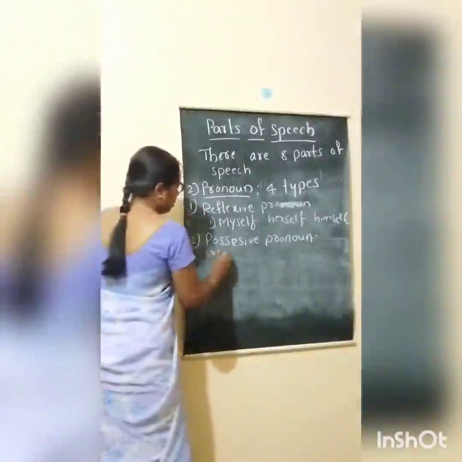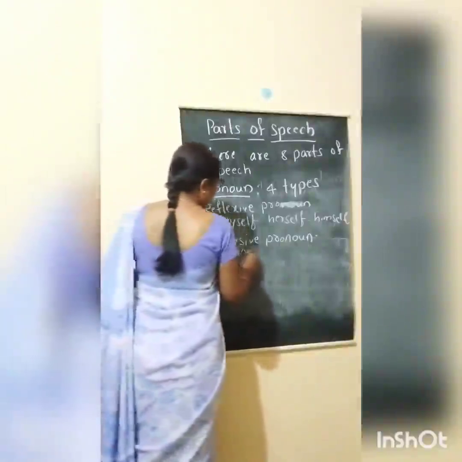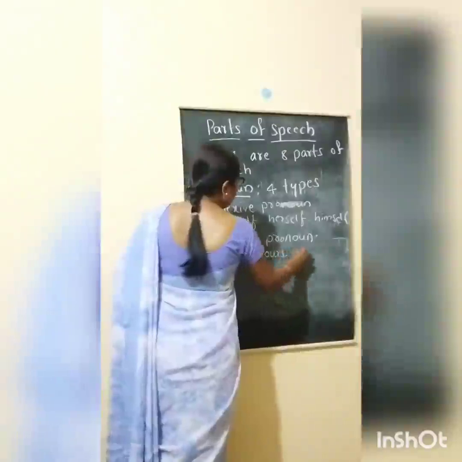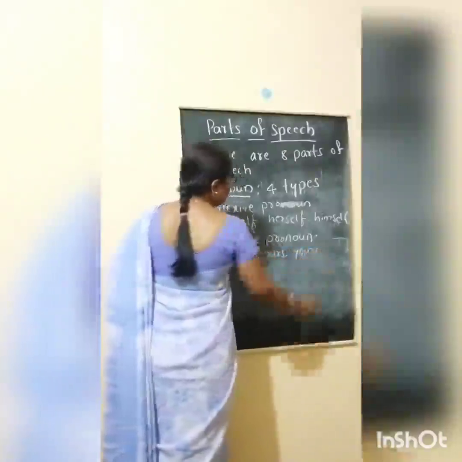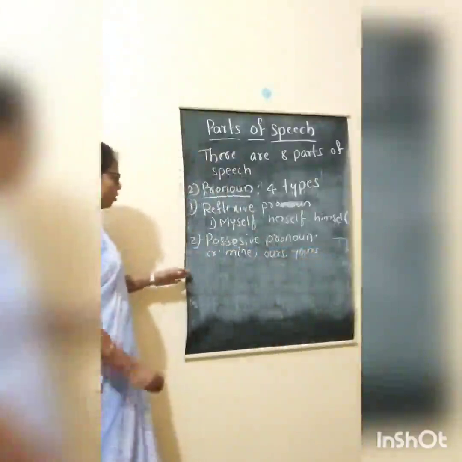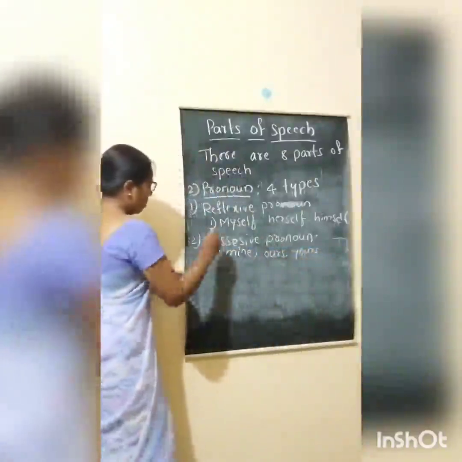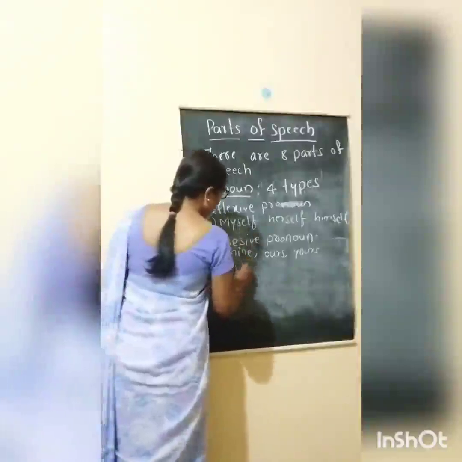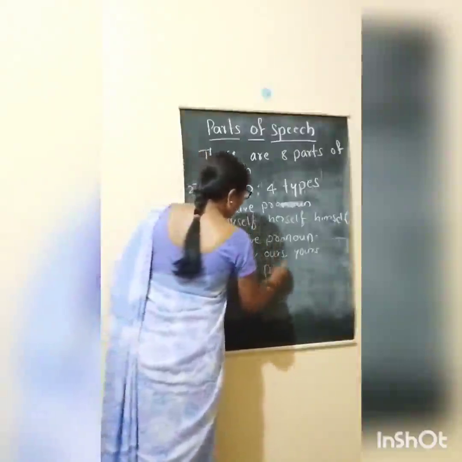For example, mine, ours, yours. These words are called possessive pronoun. Third one is relative pronoun.